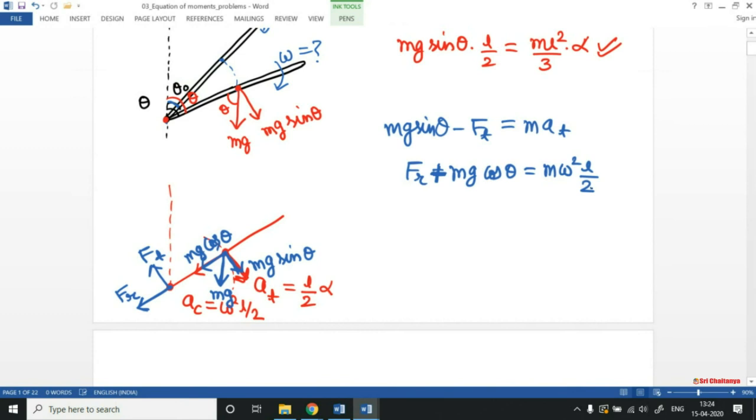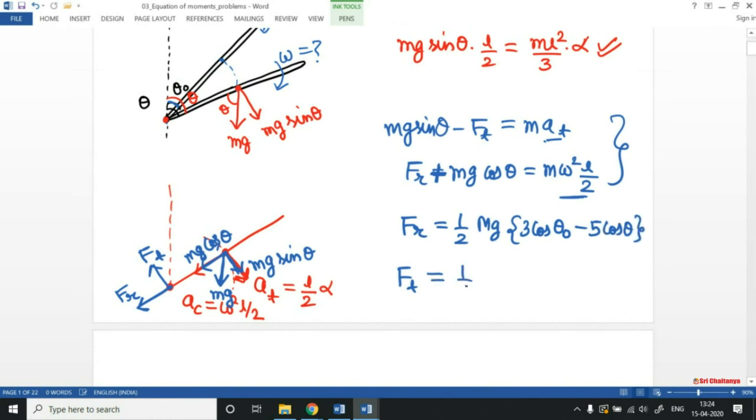Solving these two equations, since we know the values of at and AC, we will be able to find the values of FR and FT. The value of FR turns out to be half mg into (3 cos theta naught minus 5 cos theta), and ft will be equal to 1 by 4 mg sine theta.